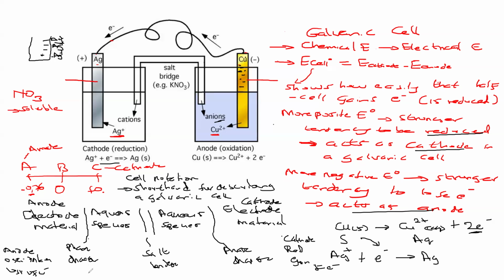We need to write this in such a way that we are following this order. So what is the anode in this case? Our anode in this case is our copper. We start on the anode side, which is solid, but we are having the phase change.